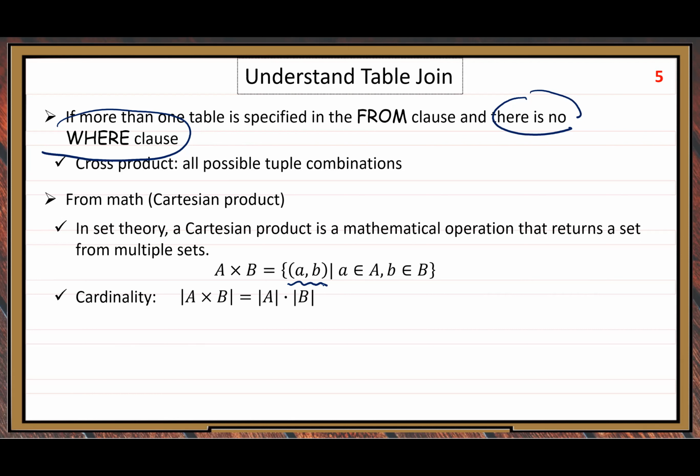So the cardinality of A cross B equals the cardinality of A times the cardinality of B. It's just the multiplication of two cardinalities, straightforward and pretty simple. That is the total number of elements in our new Cartesian product, A cross B.